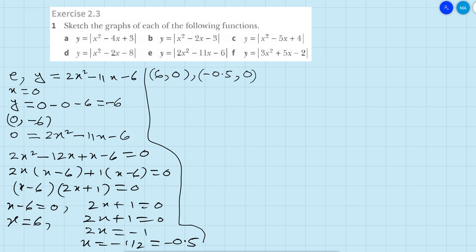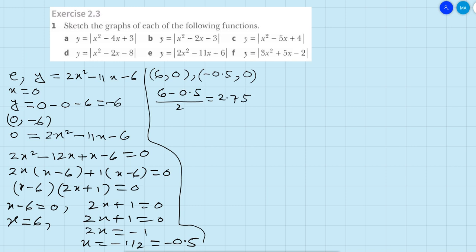Now we have to find the coordinate of the minimum or maximum point. Just take both the values of x, that is 6 and minus 0.5, and divide by 2. 6 minus 0.5 upon 2 is 2.75.